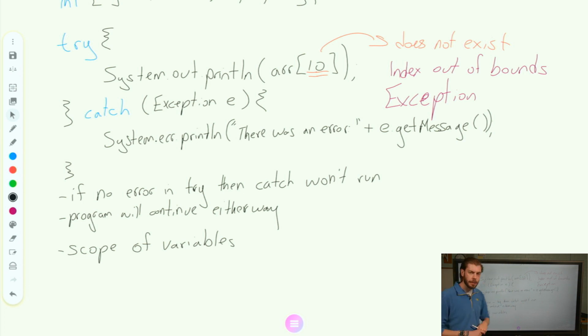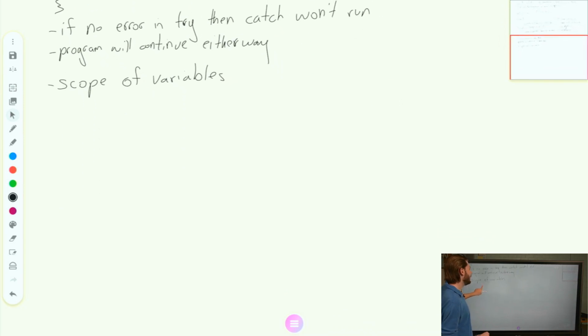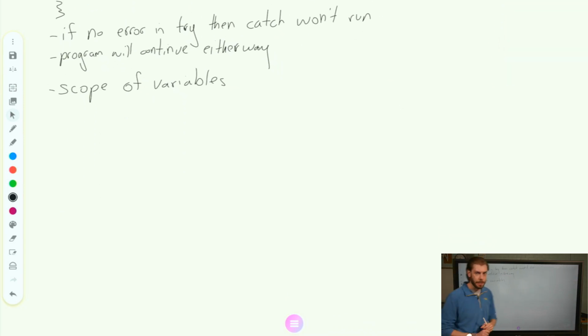You can't access it in the catch statement. You can't access it later in your program. So if you want something to be accessible outside of your try statement, you need to declare it above it, use it within the try statement, and then have access to it later. Although it's often good practice to keep everything as self-contained as possible within the try statement.